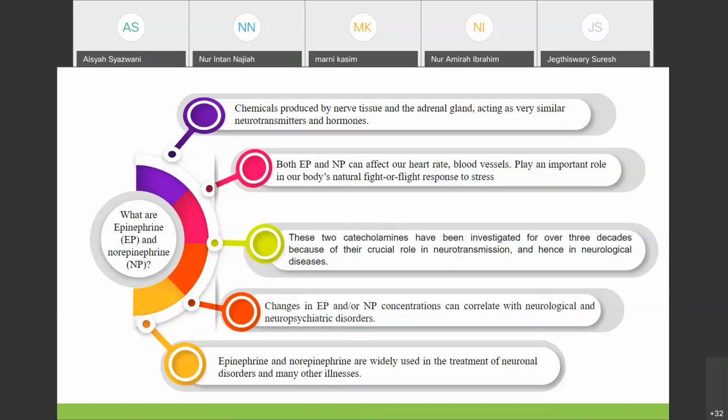EP and NP are widely used in the treatment of neuronal disorders and many other illnesses. Therefore, it is important to use selective and very simple analytical methods for their simultaneous determination in clinical and pharmaceutical samples.